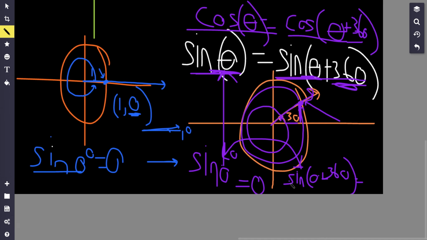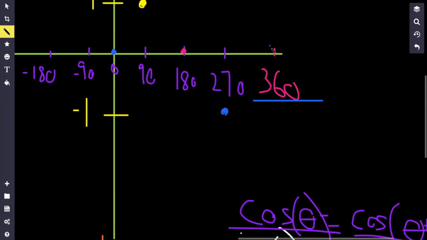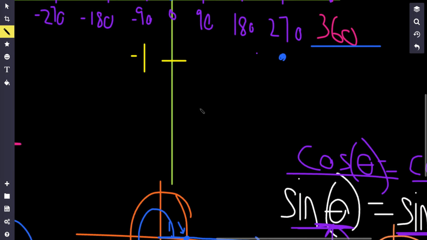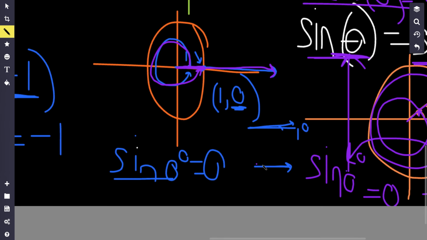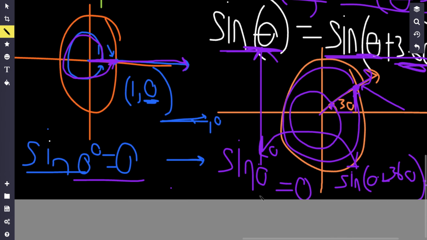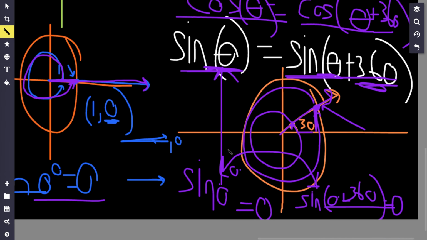So sine of 360 degrees has to be equal to 0. That also makes sense if you look at the unit circle. If this is a 0-degree angle, and we go 360 around the unit circle, it's going to have the same value as the 0-degree angle. So sine of 0 is 0, which means sine of 360 is 0 as well.